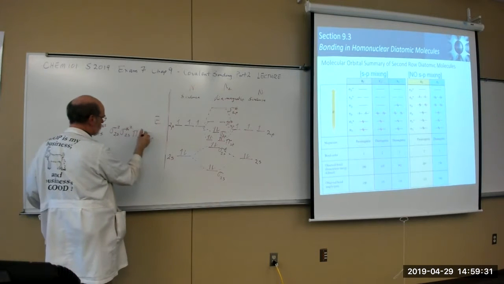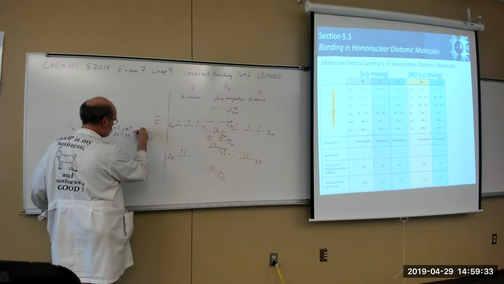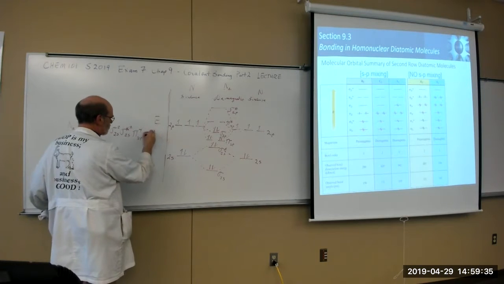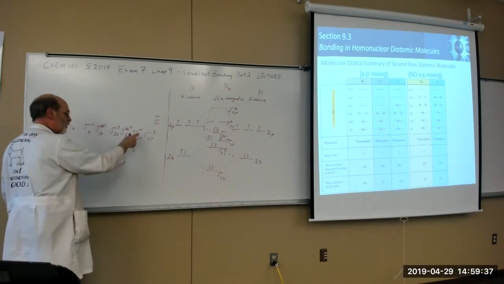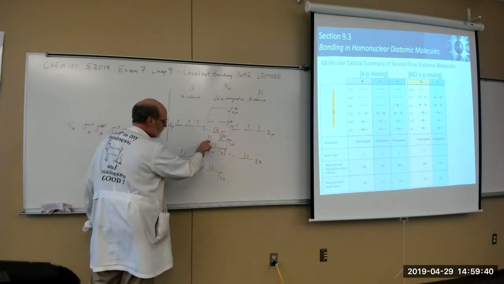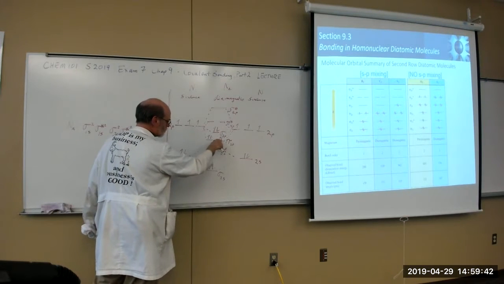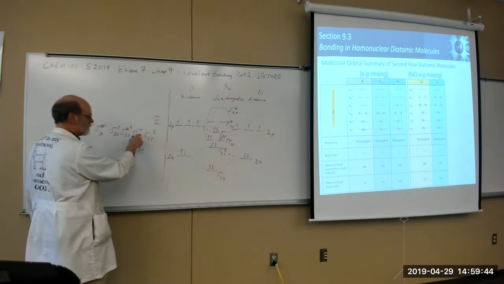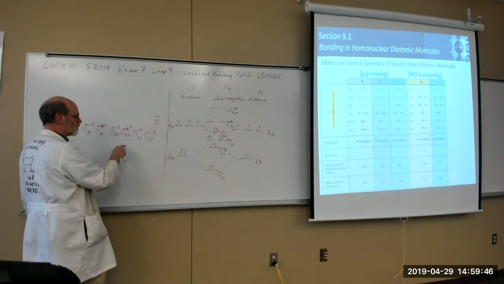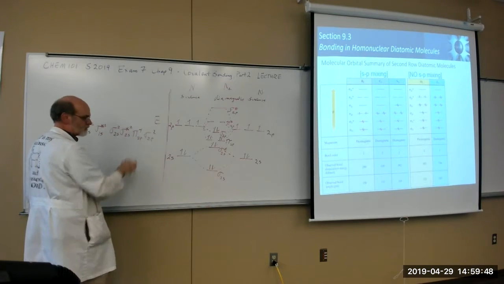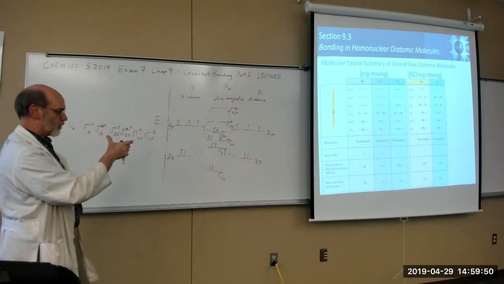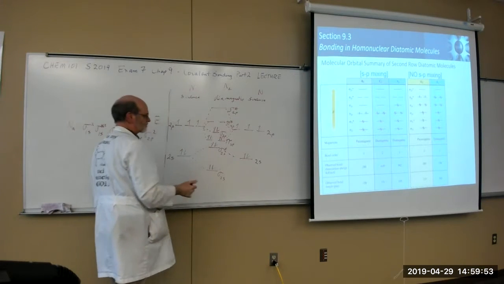So this is 2, 4, and this is 8 and 10. Why do we put 4 in the pi's? Because there are 2 orbitals there. 2 and 2. Sigmas can only hold 2. Pi's can have 2 each. They have 2 degenerate orbitals, same energy level.